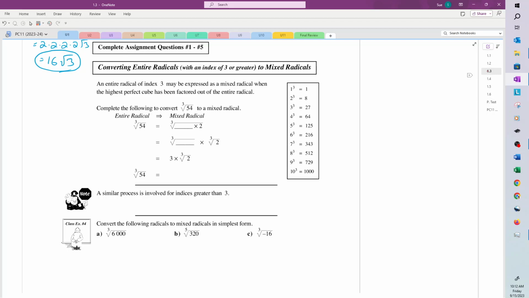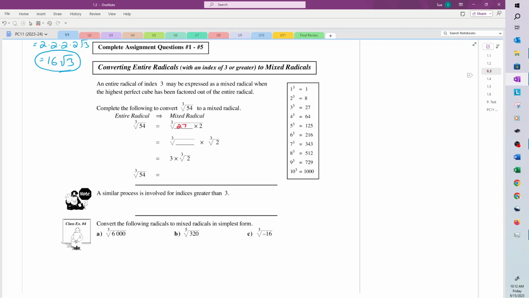So the ideal, most efficient way is we recognize that 54 is the product of 27 times 2, and 27 is a perfect cube, and it's the biggest perfect cube that divides into 54. So we rewrite this as the cube root of 27 times 2.